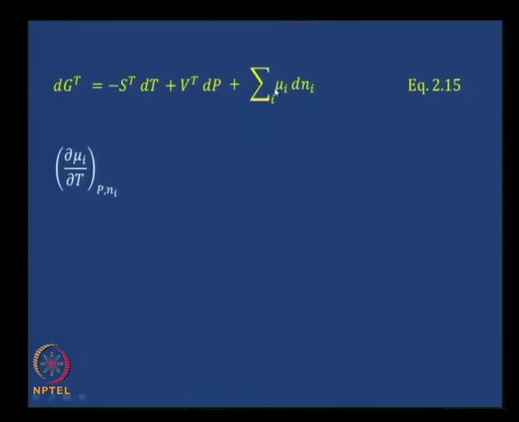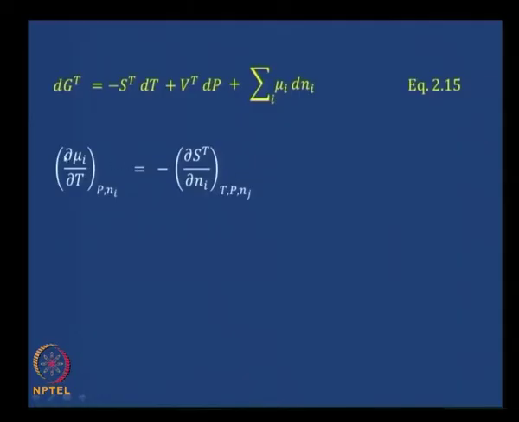So, let us take one of those, dou mu i by dou T at constant p and all ni equals minus dou St by dou ni at constant T, p and all nj's apart from this ni.